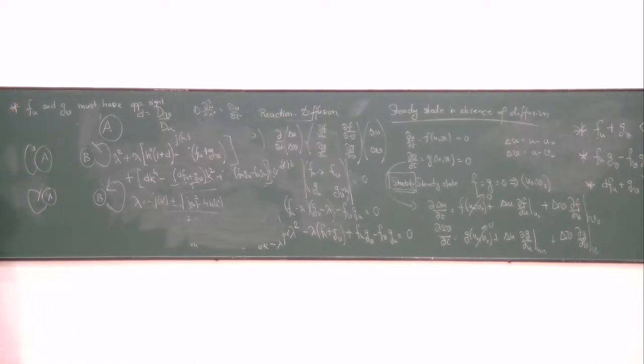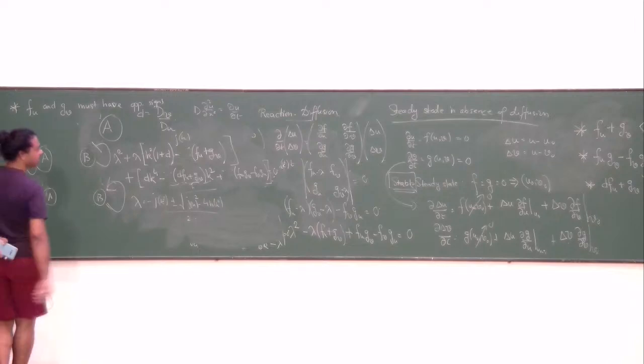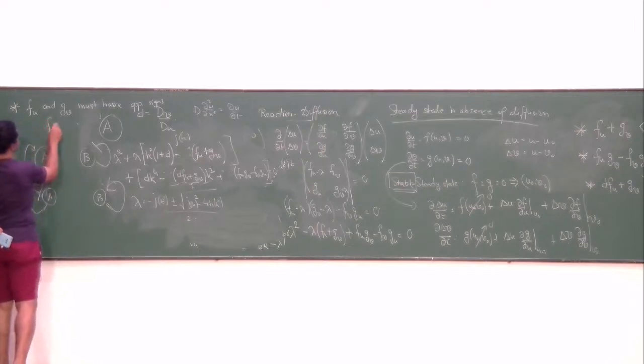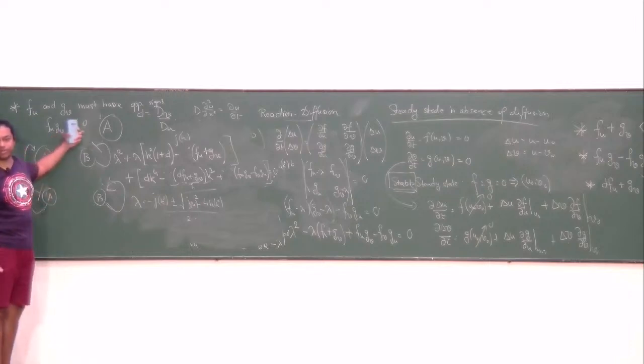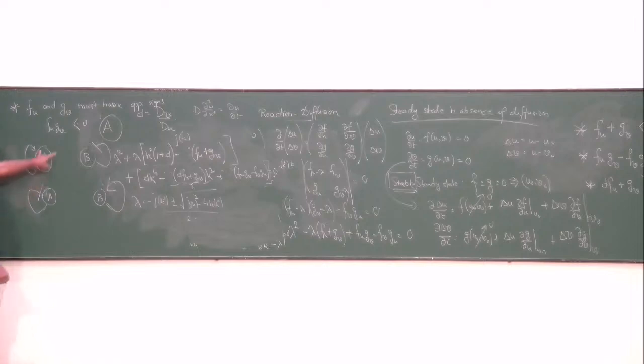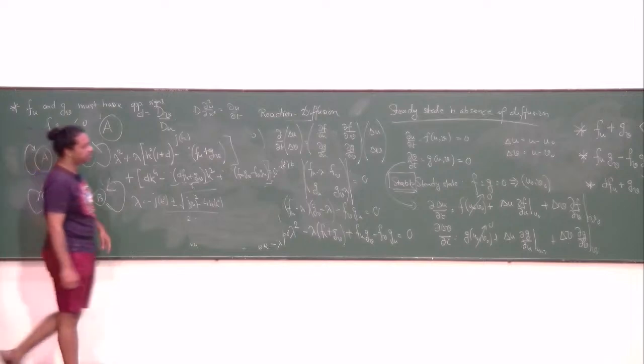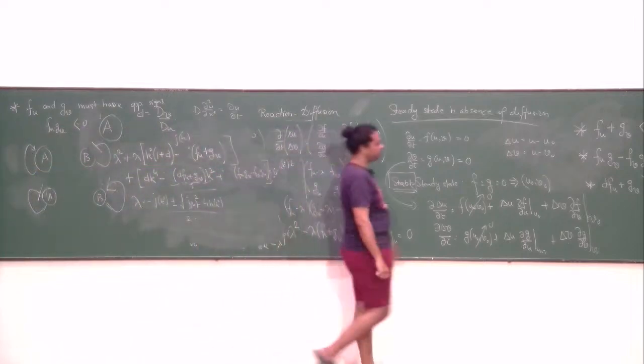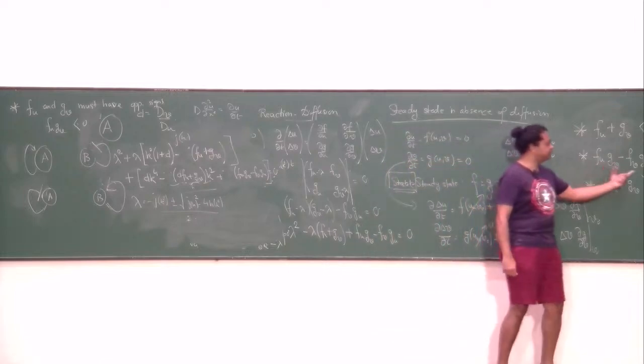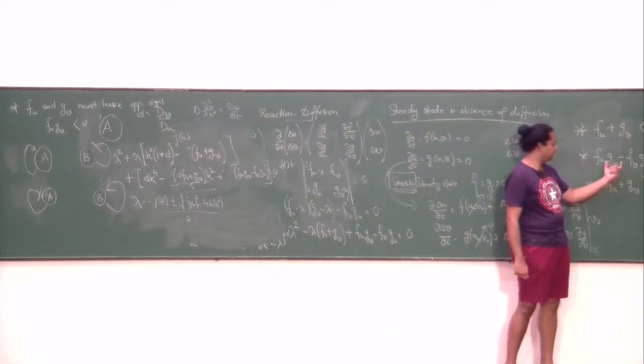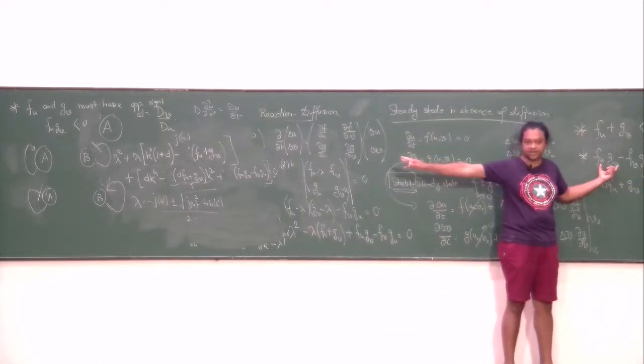If fu and gv have opposite signs, then the product fu gv is less than 0, because one is positive and the other is negative. So what does my second condition tell me? It says that this determinant has to be greater than 0, but the first term I have already said is negative.